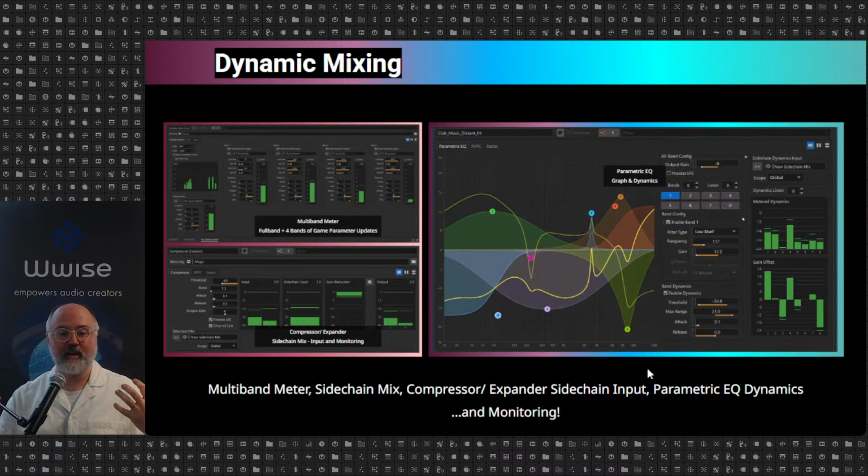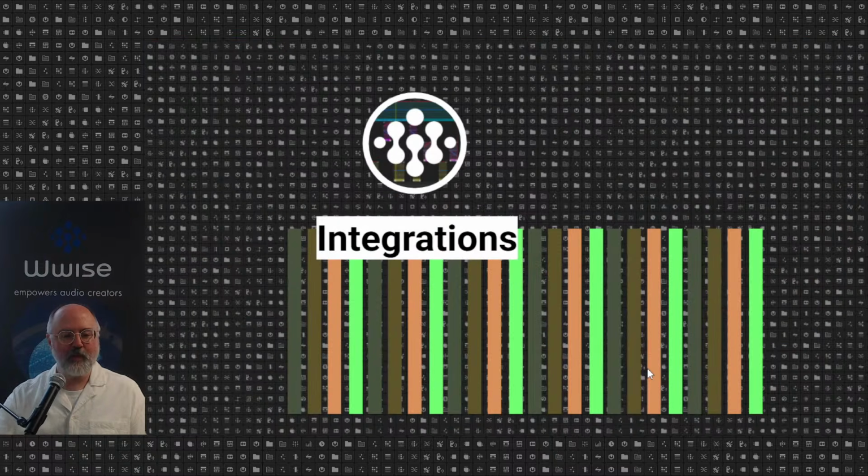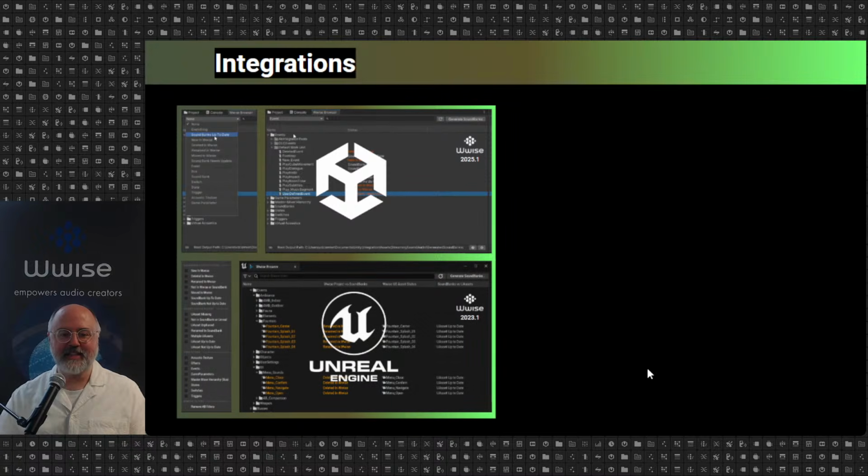You can easily understand what you're doing with EQ now, and as Alex mentioned, optimized and ready for your workflow. Meanwhile, Integrations has done a great job of bringing into parity the workflows across Unity and Unreal with a unified Wwise browser.